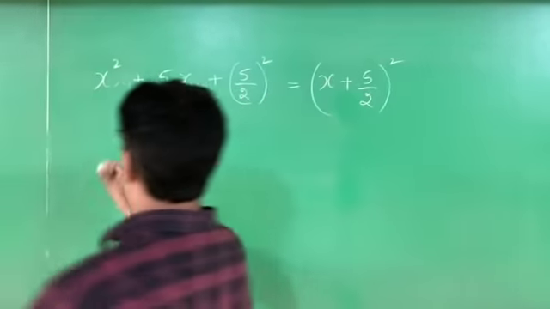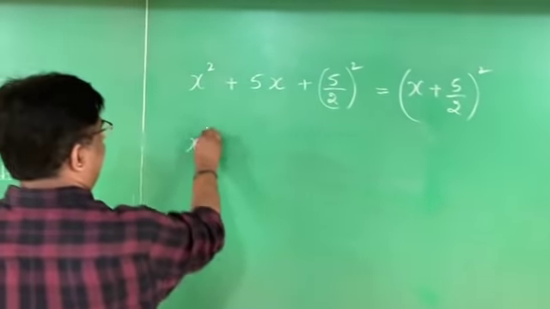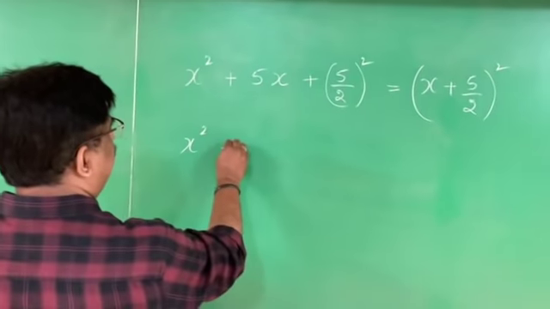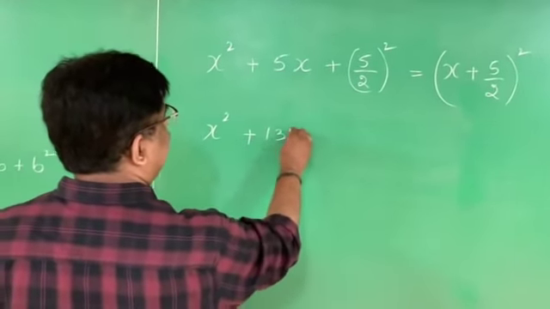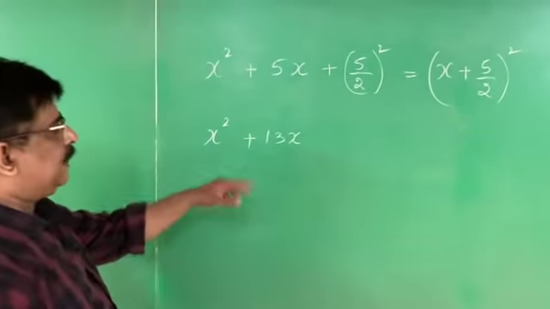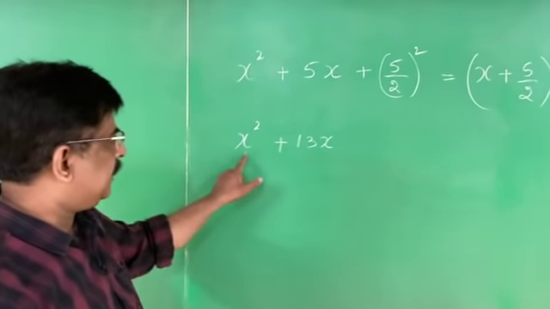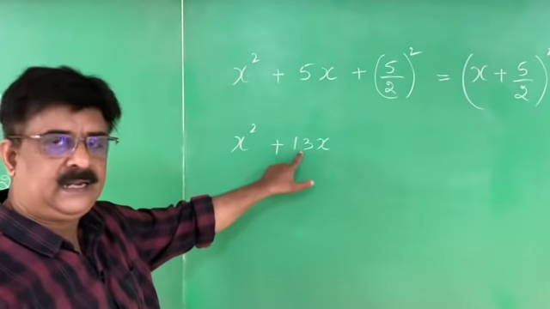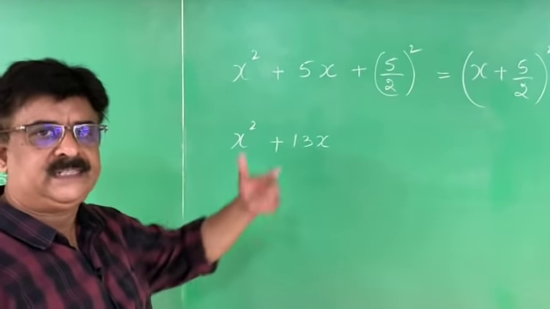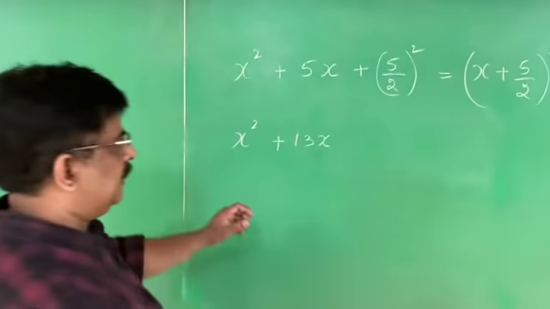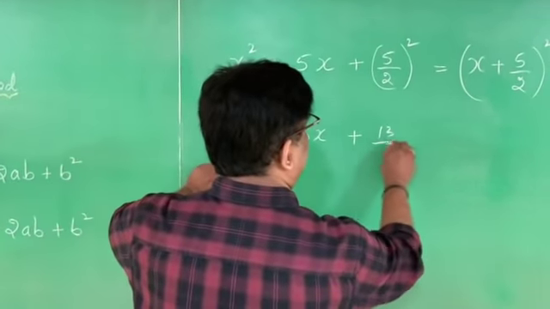I write it once again. x square plus 13x. What should be added? x square is there, x is there, the quadratic term and the linear term. Here 13 is there. 13 should be divided by 2, means 13 by 2. Nothing to worry.